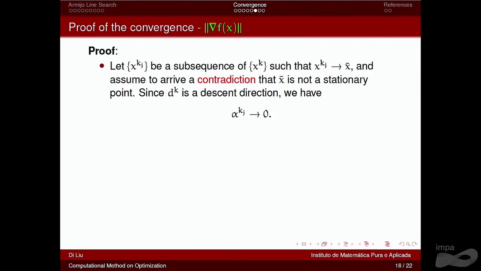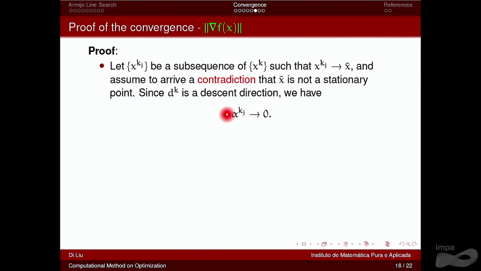Here we assume that x_{k_j} is a subsequence of x_k such that x_{k_j} approaches x bar, which is a limit point of x_k, and we assume this to arrive at a contradiction. We assume that x bar is not a stationary point. Since d_k is a descent direction, as in the analysis in the last slide, we have alpha_{k_j} approaches 0.